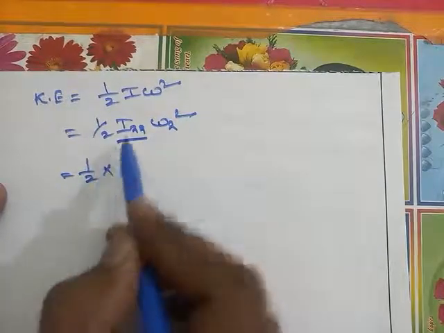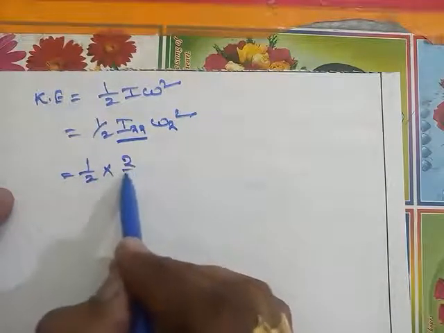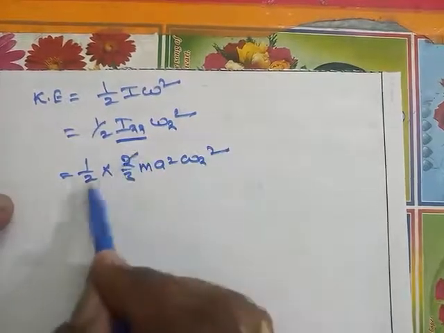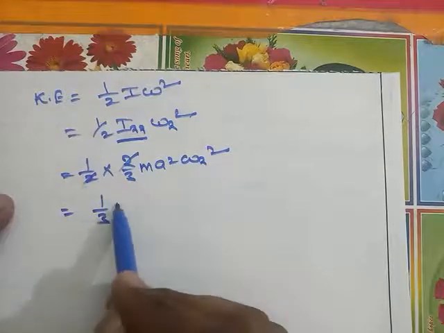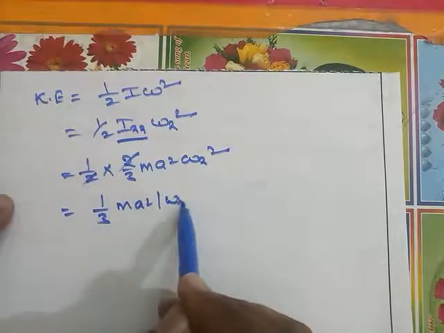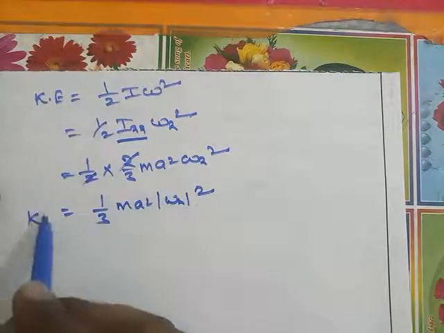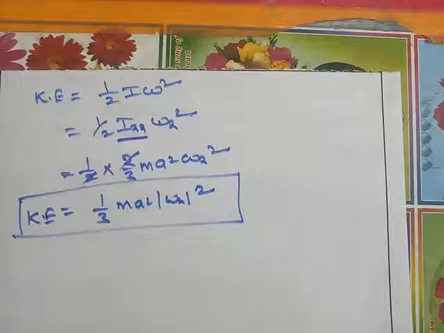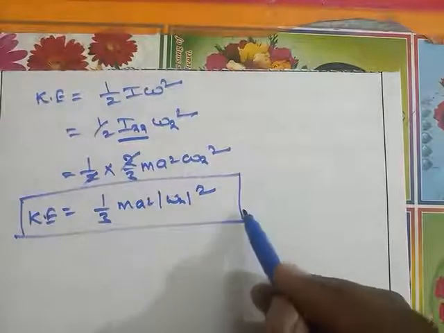Ixx will be 2 by 3 m a square, so 1 by 2 into 2 by 3 m a square omega x square. The 2 can cancel, and we get 1 by 3 m a square omega x square. So this is the kinetic energy of the cube rotating around the x-axis. This is our required solution.